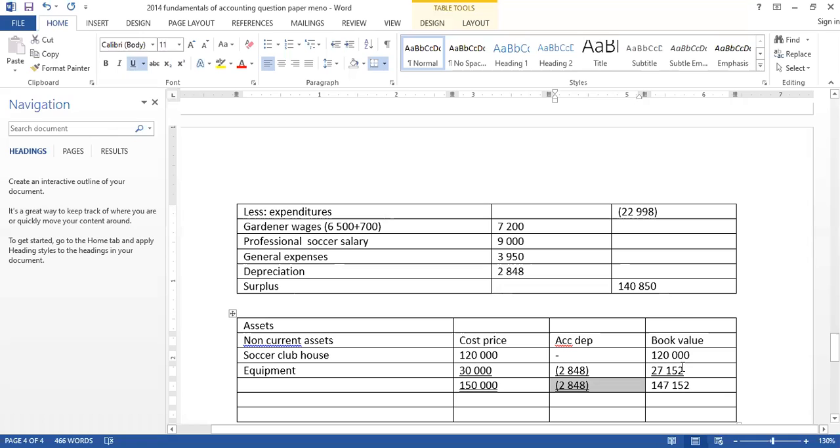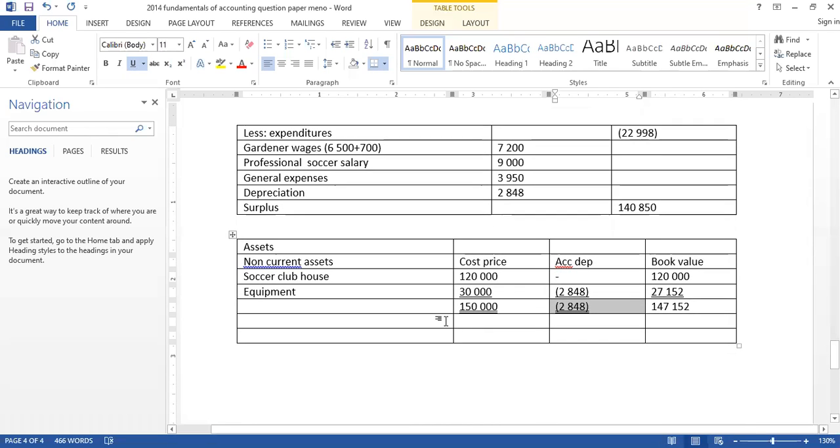But for the book value, we still need to add our current assets. Therefore, we do not draw double lines at the book value amount because that is not the final amount. So from there we move on to our current assets.